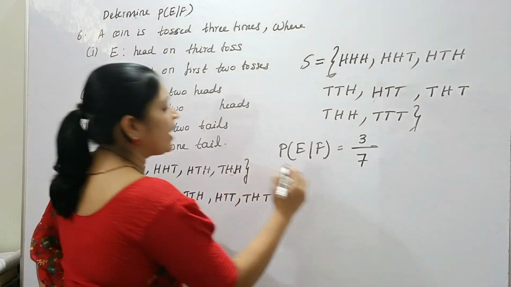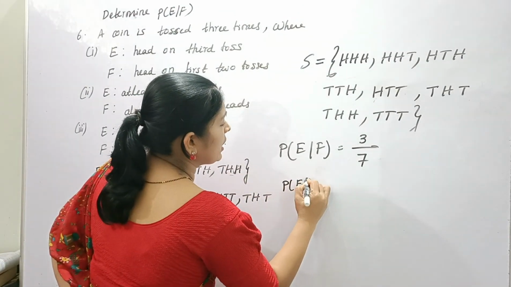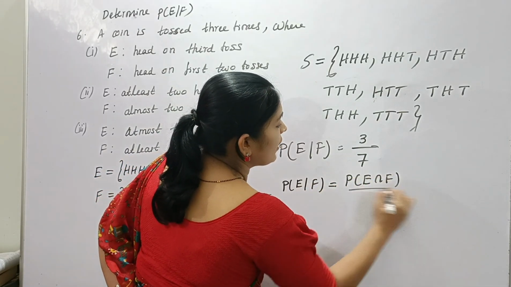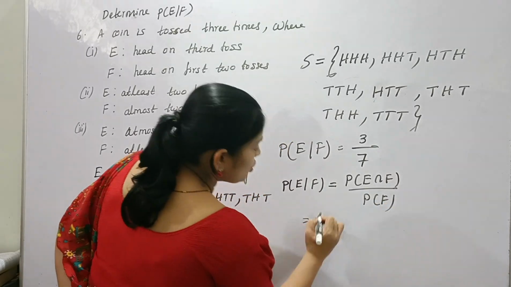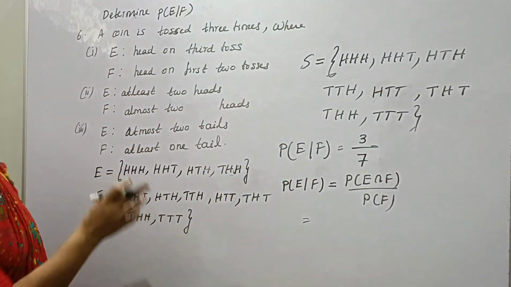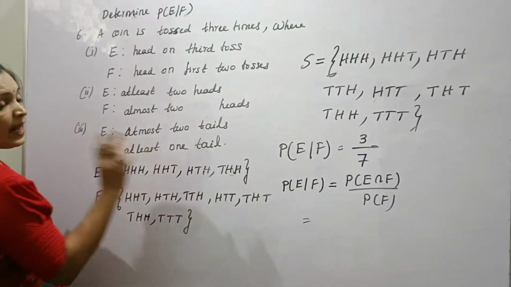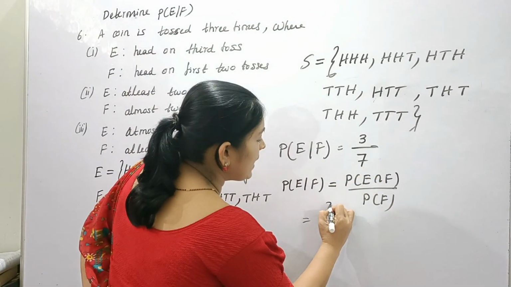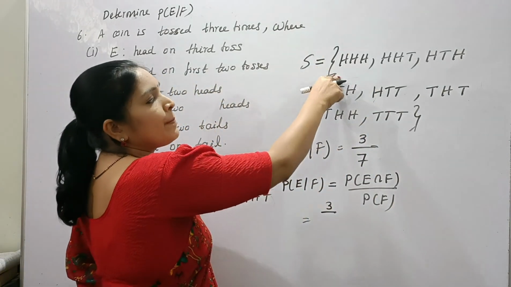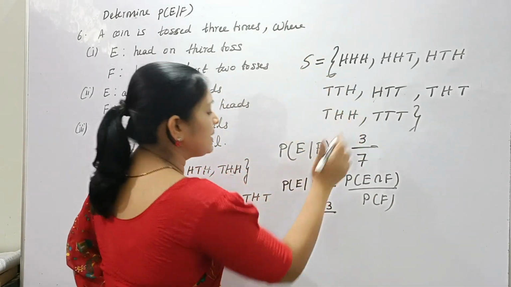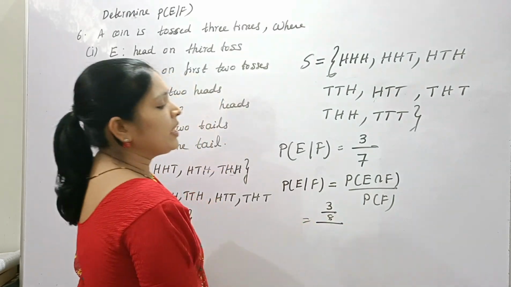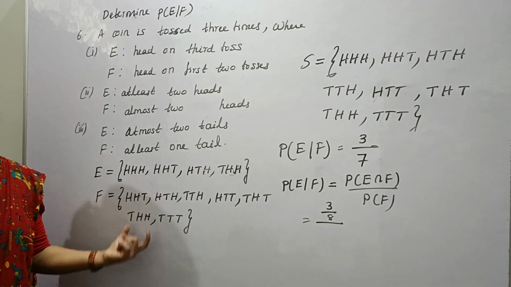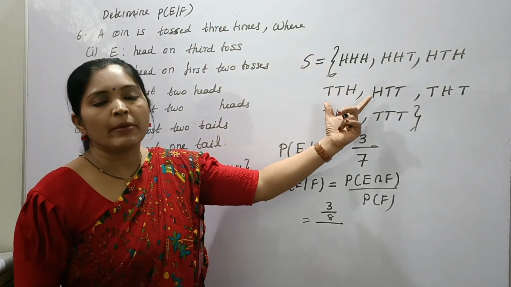Or you can apply the formula. Probability of E given F is equal to probability of E intersection F divided by probability of F. E intersection F is 3 elements, so probability of E intersection F is 3 divided by the number of elements in the sample space, that is 8, divided by probability of F, which is the number of elements in the event F divided by the total number of elements in the sample space.